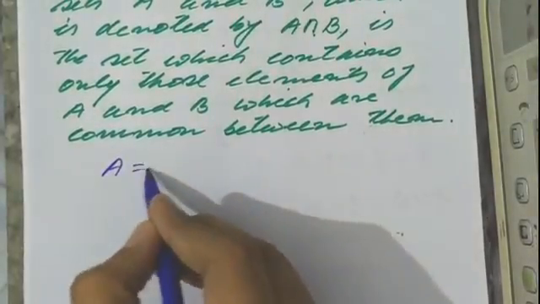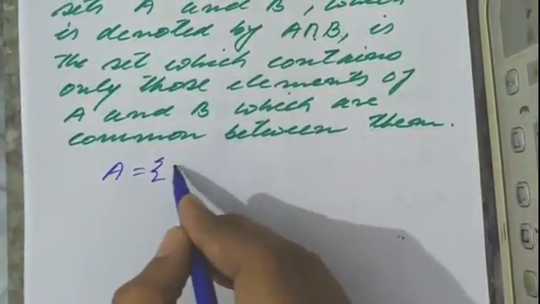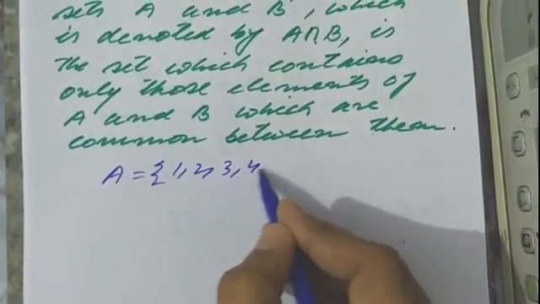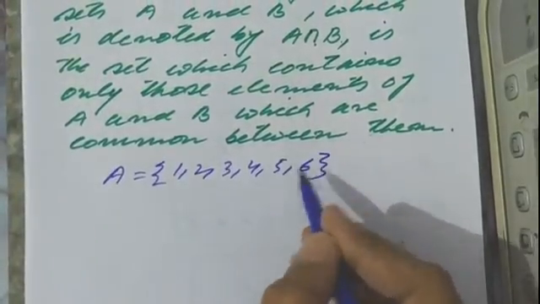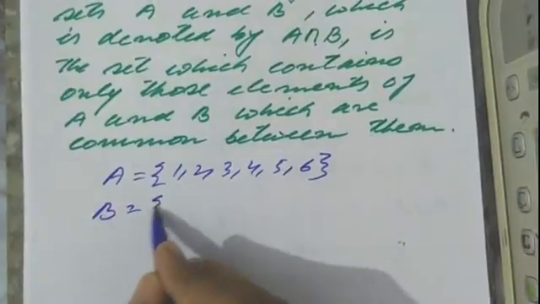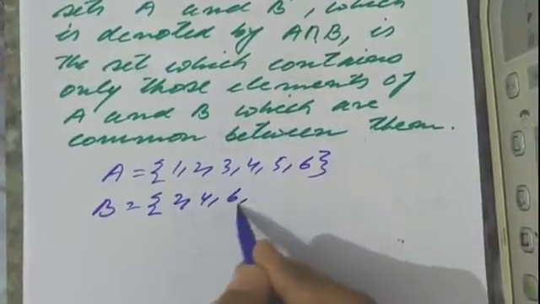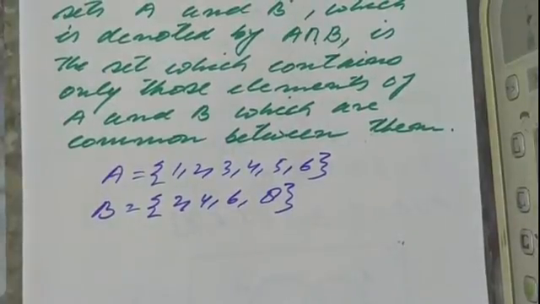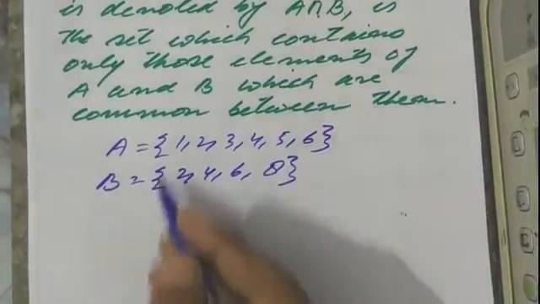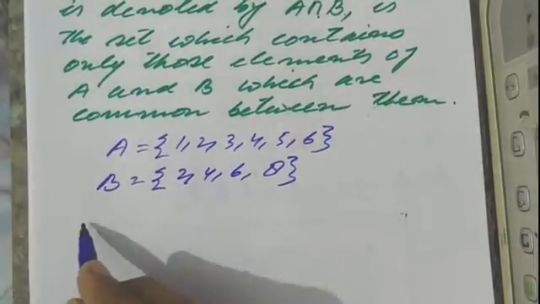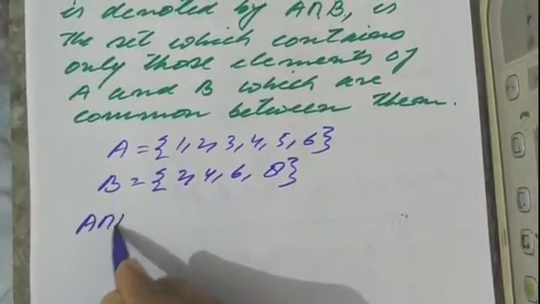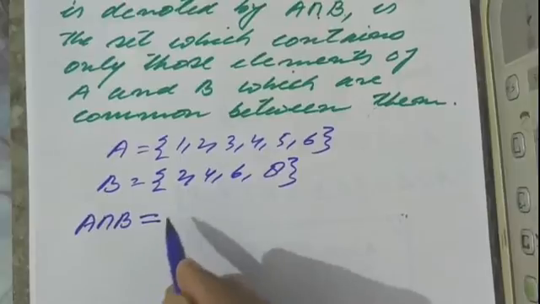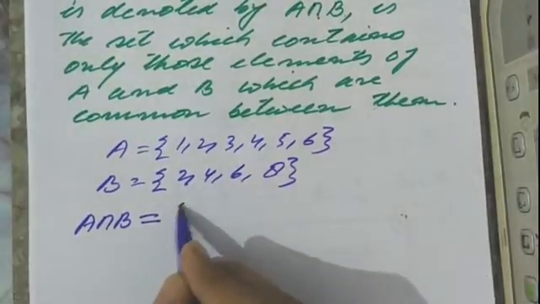For example, A is the set 1, 2, 3, 4, 5, 6, and B is the set 2, 4, 6, 8, as we have taken in the case of union of two sets. The same example we have taken here. So if we take intersection, as we said, we take only the common elements between the two sets.